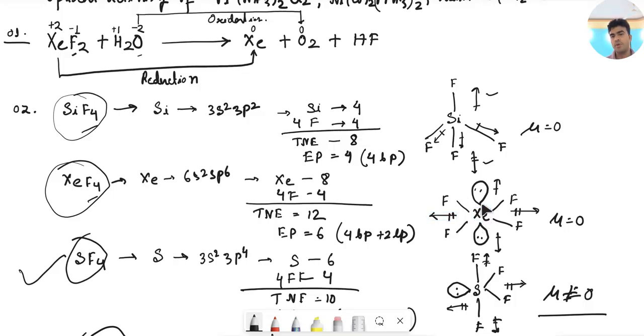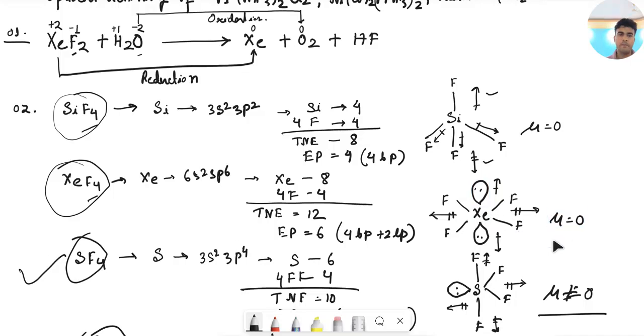The 2 lone pairs will be in anti-position, that is trans position, and 4 fluorine will be in equatorial position. The dipole moment of each bond will cancel each other, so mu will be 0.